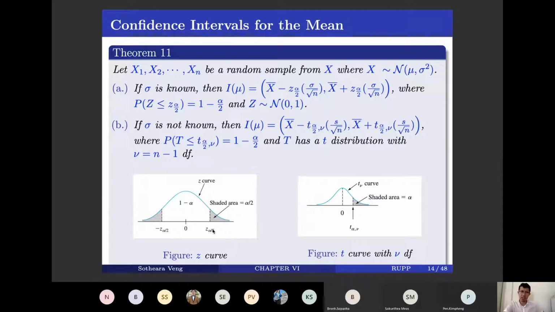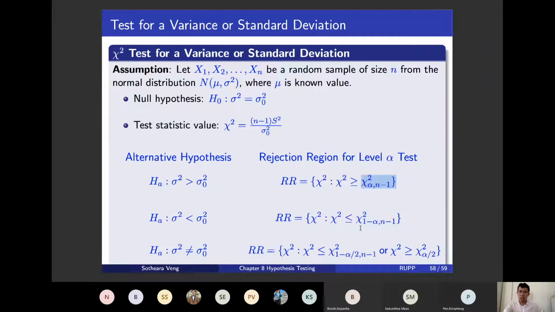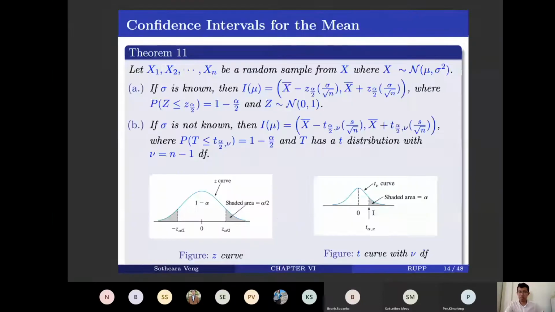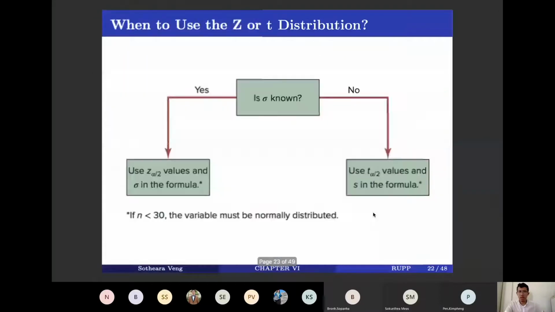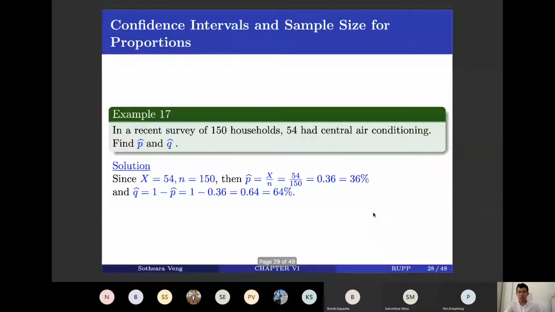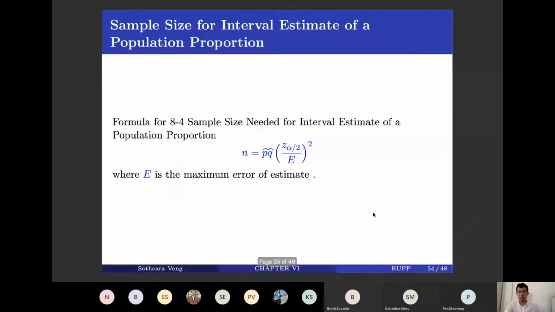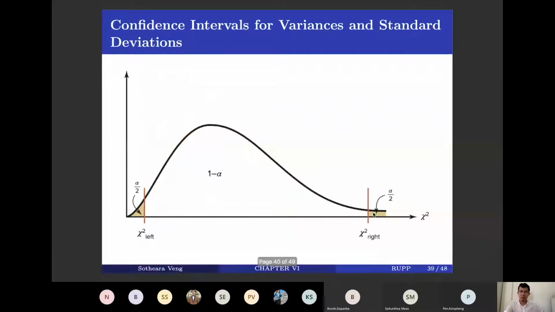Alpha here means the same as the significant level, but for t you have to index it by two values, the significant level alpha and nu, which is the degree of freedom. And similarly, in the case of chi-square, everything works the same.